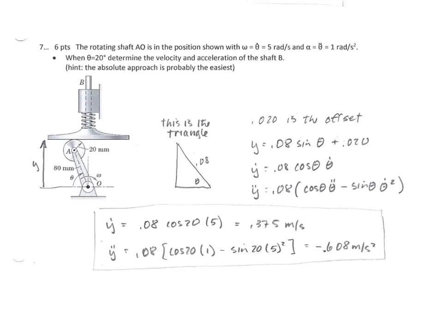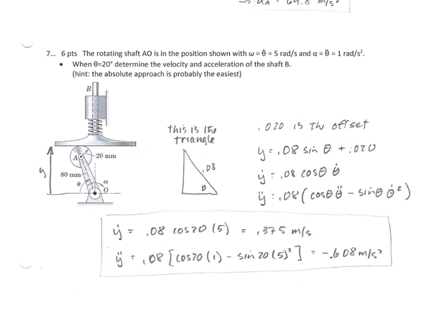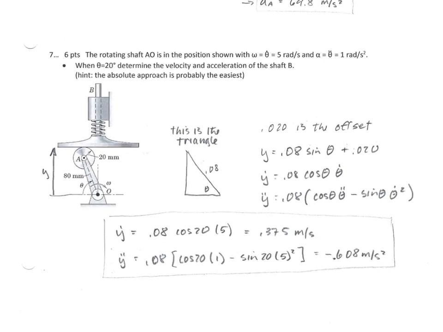All right, this next one is a sine cosine problem from our absolute analysis. What we're looking for is a right triangle, and here's our right triangle right here. What I've drawn here is 0.08, and this is the angle theta. This is positive theta. But our total y distance goes all the way up to here.